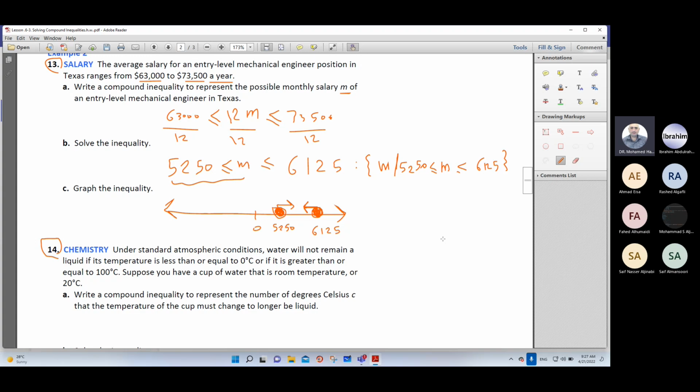Thank you, Michelle. So I want all of you to read it again, then try to write the compound inequalities.